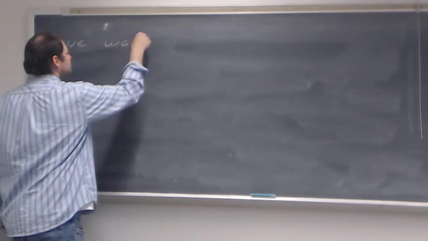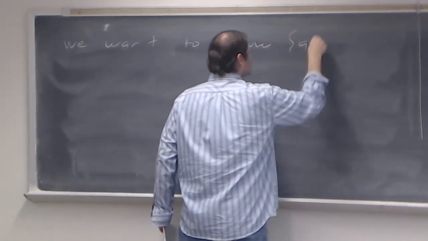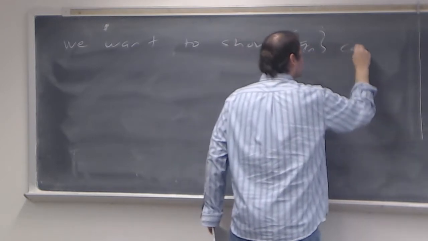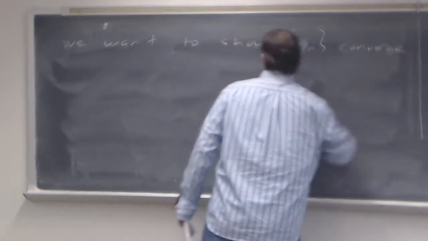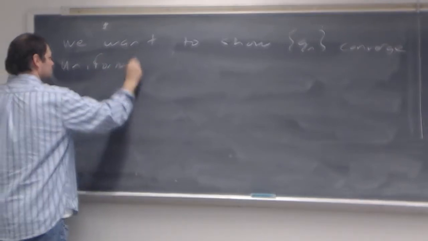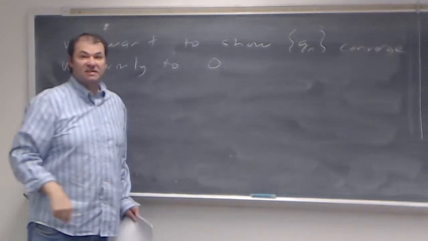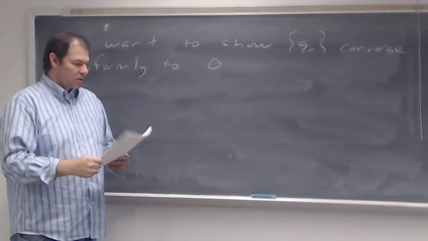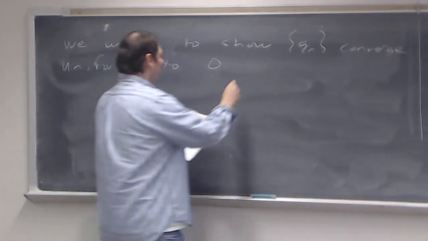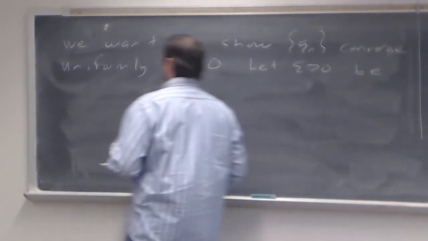We want to show that the sequence of the g sub n's converges uniformly to the function that's identically 0. Okay, well, we let epsilon greater than 0 be given.